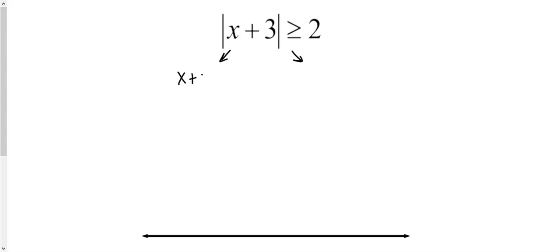So I have x plus 3 is greater than or equal to 2. Second problem, I take the inside, x plus 3, and we're going to flip our sign, which I'm going to change the color for. So flip the sign, and we're going to make it a -2. So these are my two problems I'm going to solve now.